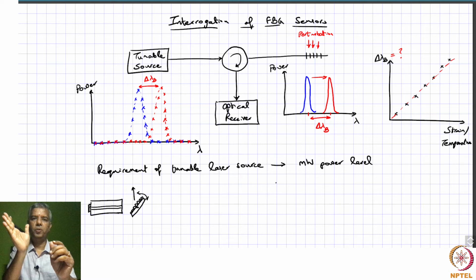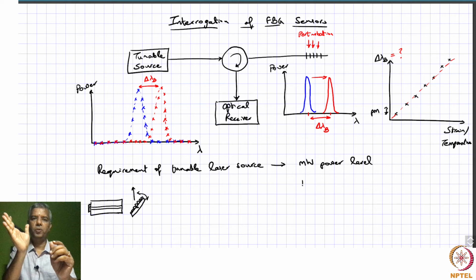If you look at that, you want to pick up Bragg wavelength changes in the order of picometers, right? Because if you want to pick up, say, 1 microstrain of perturbation, then you need to be able to resolve things with 1 picometer accuracy.